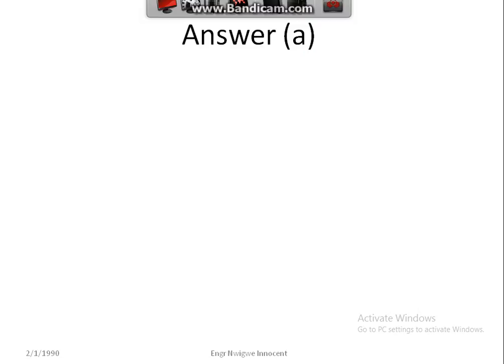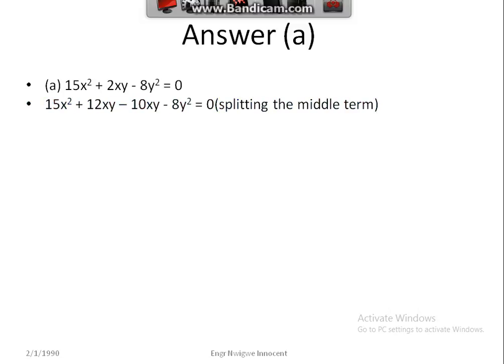Answer A. 15x squared plus 2xy minus 8y squared is equal to 0. 15x squared plus 12xy minus 10xy will still give us 2xy, minus 8y squared is equal to 0. Splitting the middle, this means splitting the middle term.